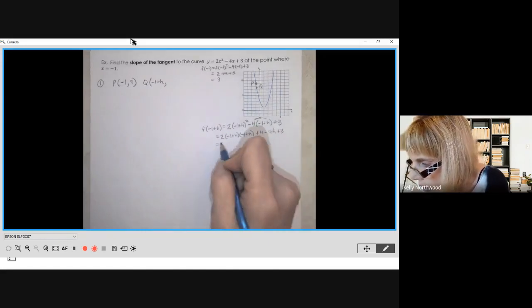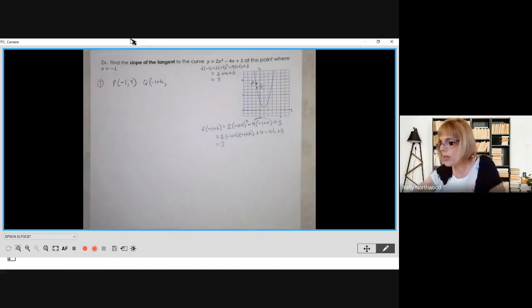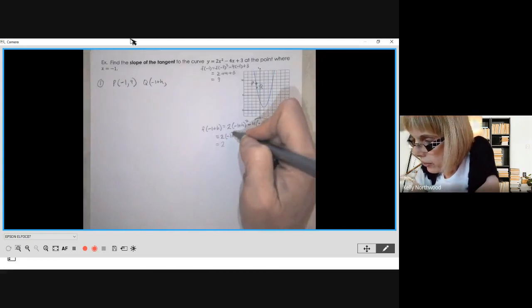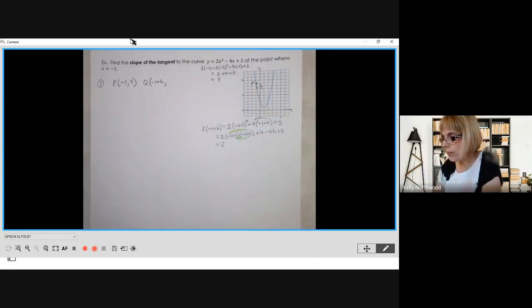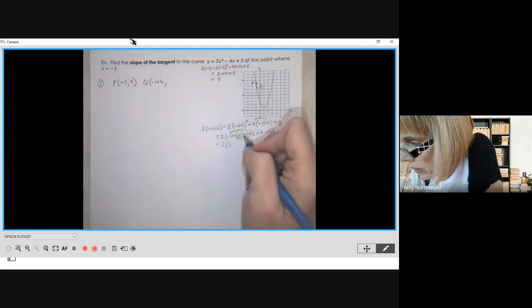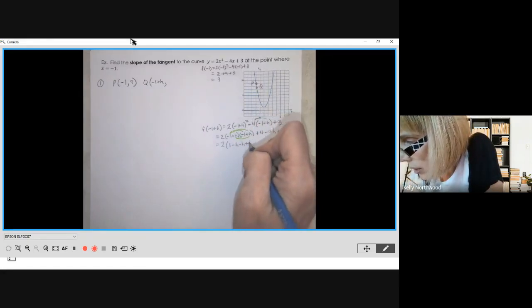And then here, I'm going to leave the 2 out front and do this FOIL before I distribute the 2. So it's going to be +1 minus h plus h squared.